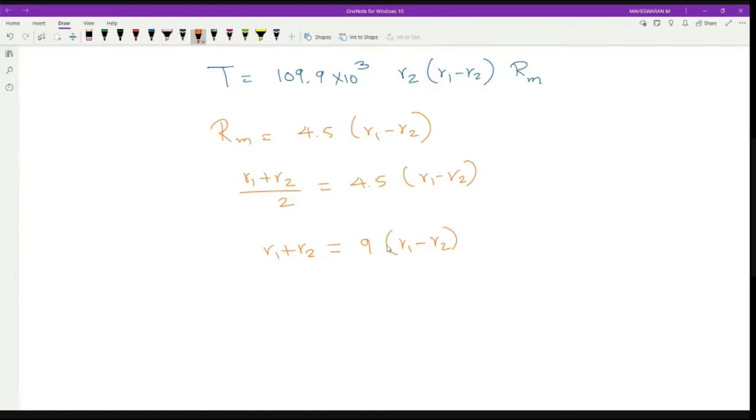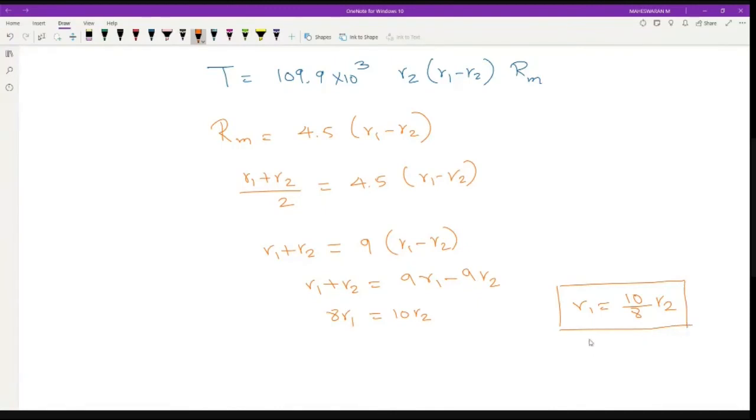Let me bring it to the side. R1 plus R2 is equal to 9 R1 minus 9 R2, right? So which means 8 R1, bringing this on this side and this on the other side, is equal to 10 R2. So R1 is 10 by 8 times R2. This is my relation.